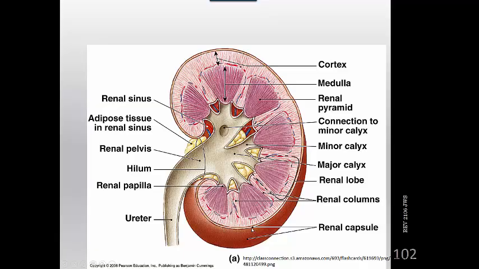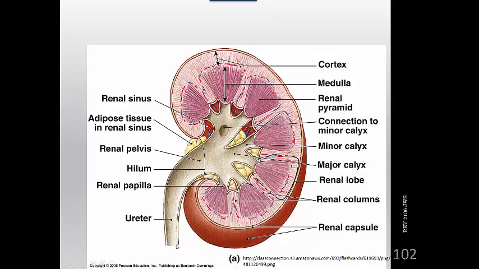This is called the renal capsule that surrounds the whole kidney. What's important for you to know is that the major and the minor calyces make up the renal pelvis, which is here, because this is a popular site.